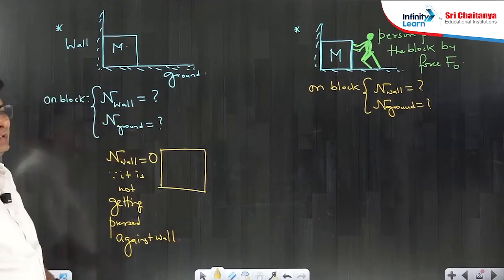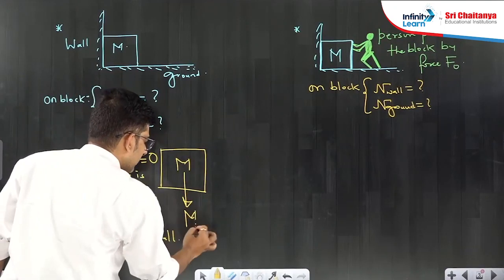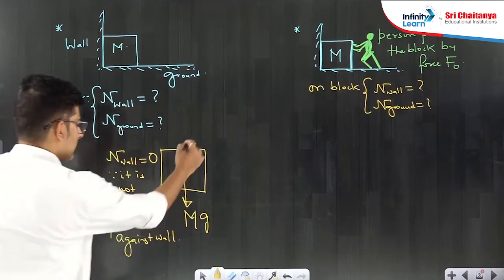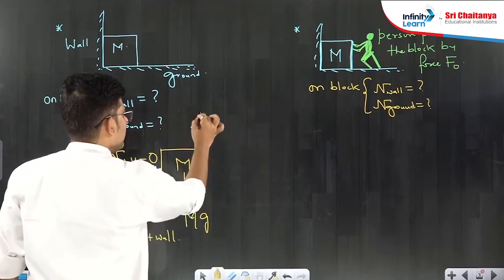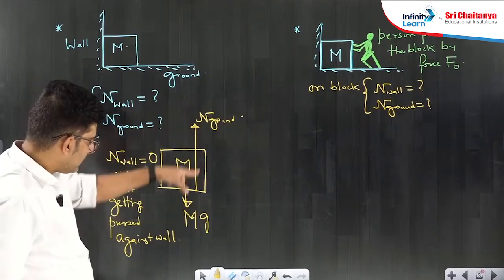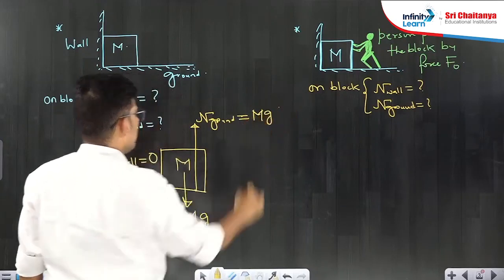But if you see vertically, due to its weight, just like the previous example, it is getting pressed downwards. So obviously the ground will exert a normal reaction upwards. So this force is balancing mg, so we will say normal reaction by ground is mg.